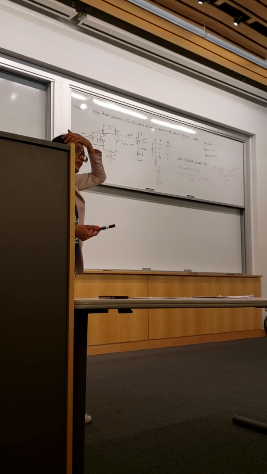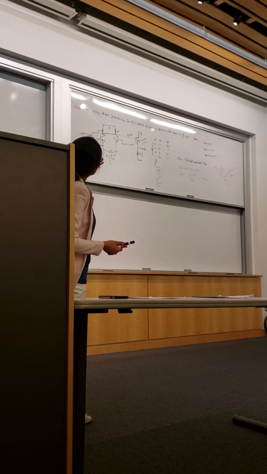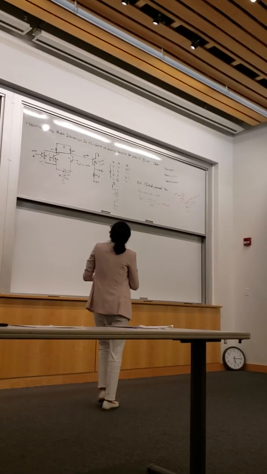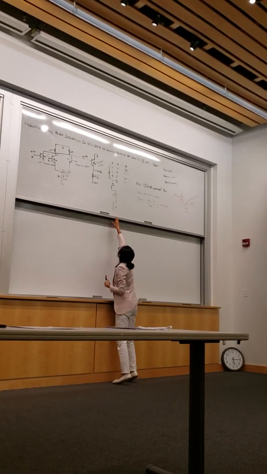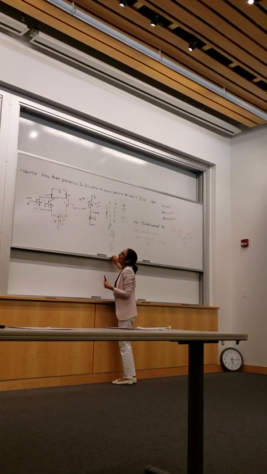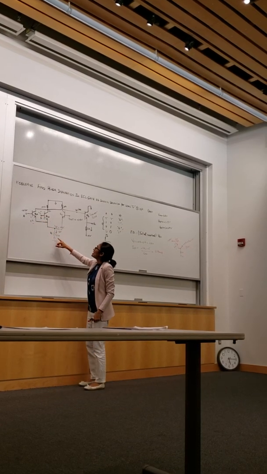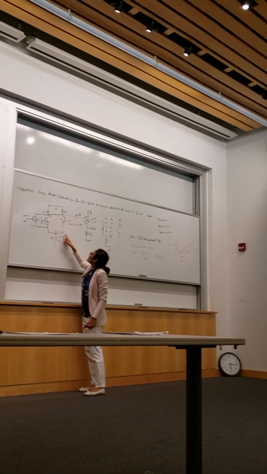No, that's not true. So if, let's say, Q2 is on, then Q1A and Q1B are off. Now the current in this branch is determined by this transistor.